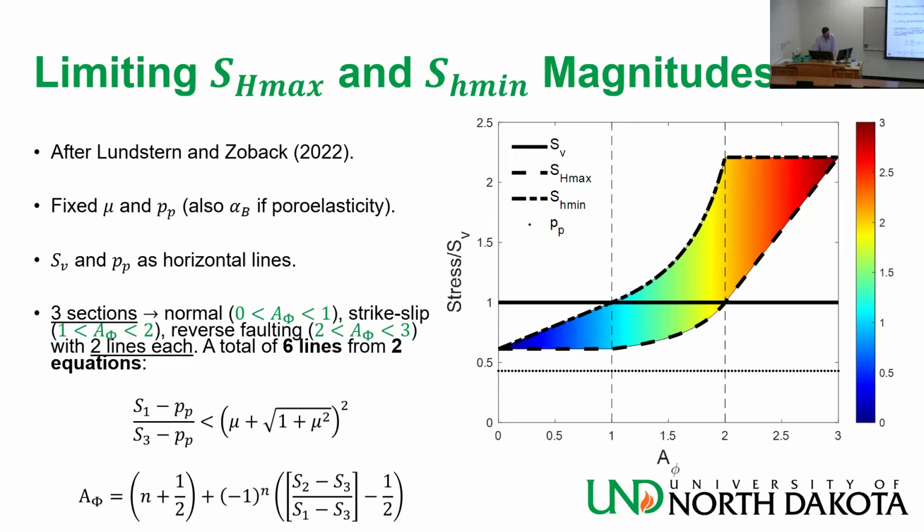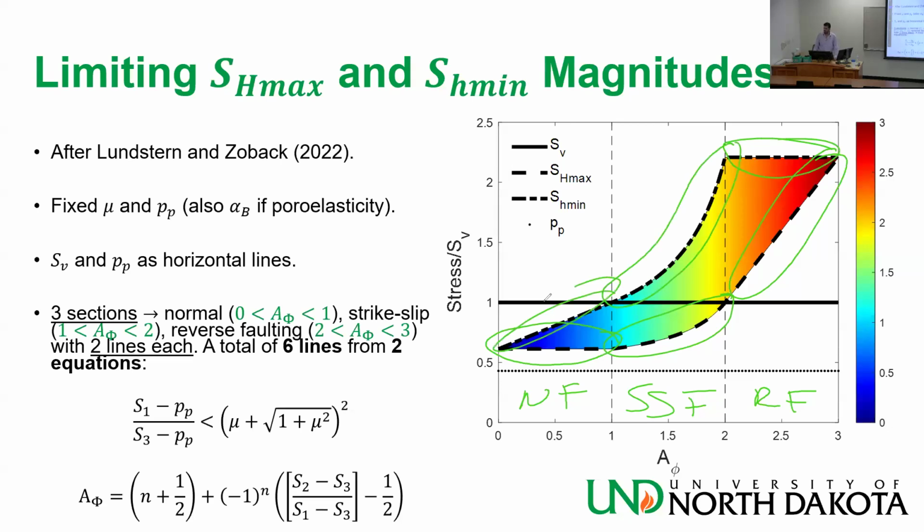Drawing this was a little bit more complex than the polygon because we are using two equations and we have 6 parts. I didn't go through it in as much detail as I did with the polygon, but basically you have 3 sections: normal faulting, strike slip faulting, reverse faulting, and then 3 sections, 2 lines each for SHmin and SHmax.